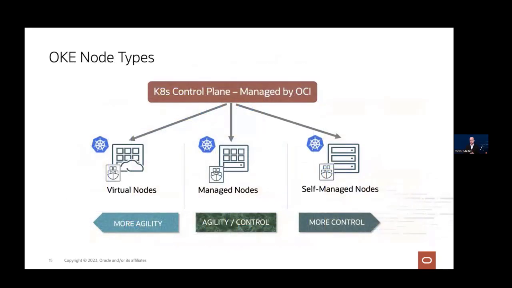The flexibility is about the control plane and the managed services that you can use. So we have the virtual nodes on the left side. That is the most out-of-the-box worker node that you can deploy, and basically it means that you don't have to worry about them.